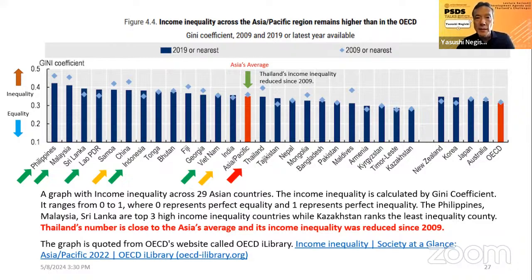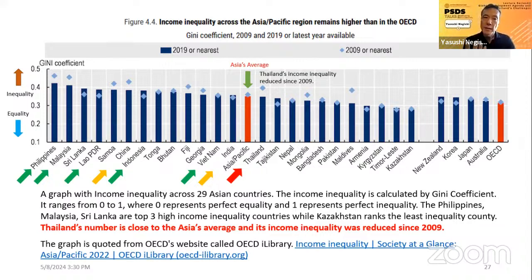So during the past 10 years, Thailand was able to reduce the Gini coefficient from 0.4 to 0.356. So meaning that Thailand has been able to reduce this income inequality since 2009. That's a reading from this graph.